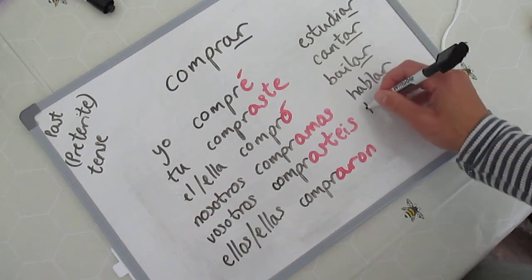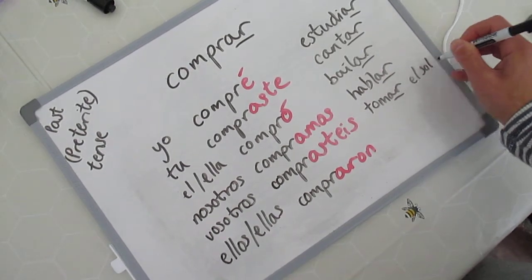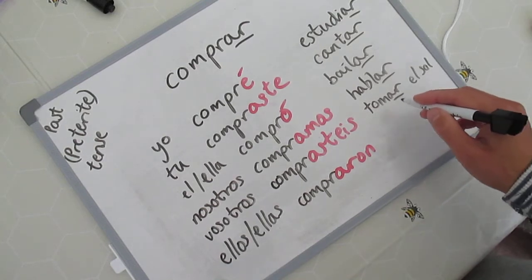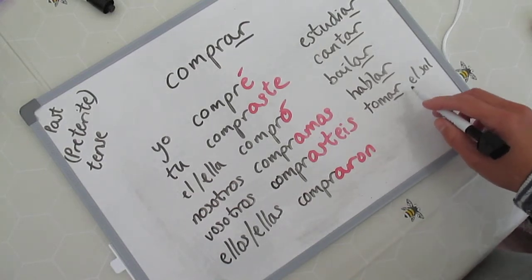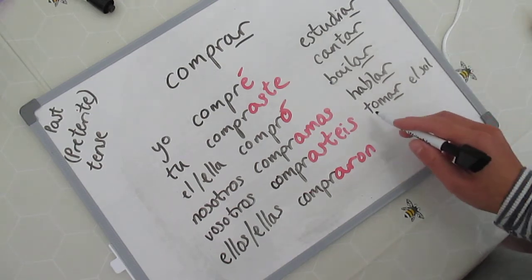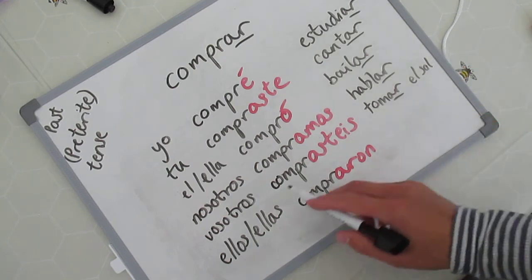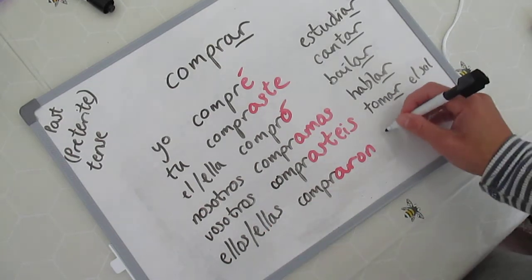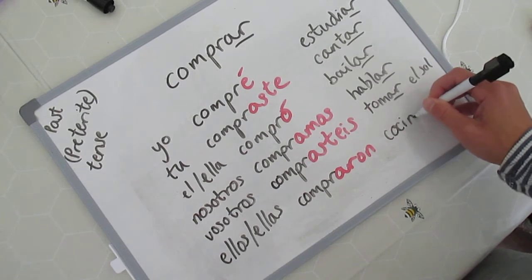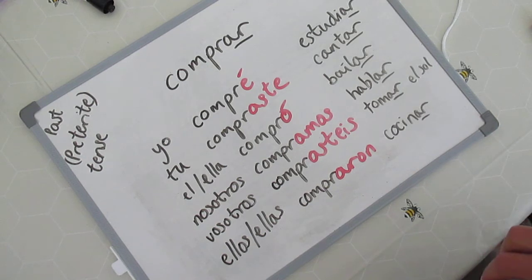For vosotros, have a go at this one, tomar el sol. Tomar on its own literally means to take. When we've got tomar el sol, that's to sunbathe, literally to take the sun. That's the phrase that we always use for to sunbathe, and it's a useful one for holidays, so have a go at that for vosotros. Then the last one, cocinar, okay, so that means to cook. So pause the video, have a go at those, and I will go through the answers in a minute.